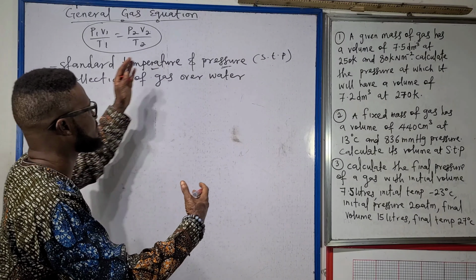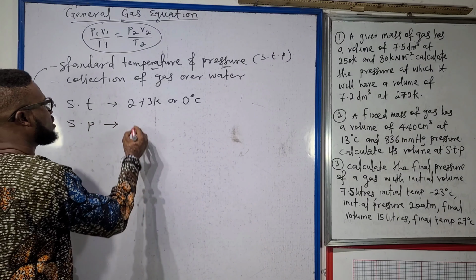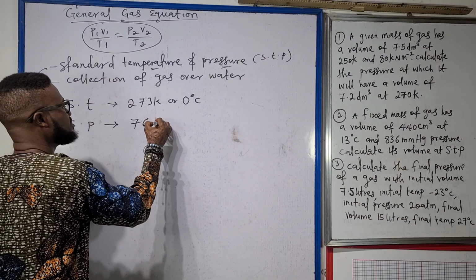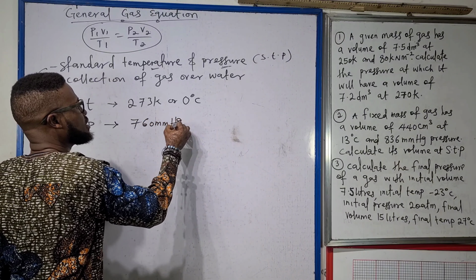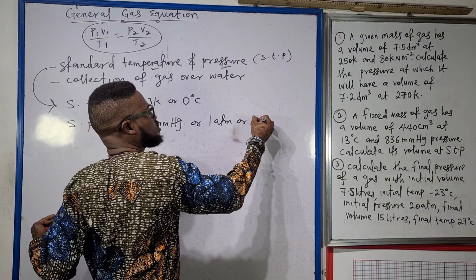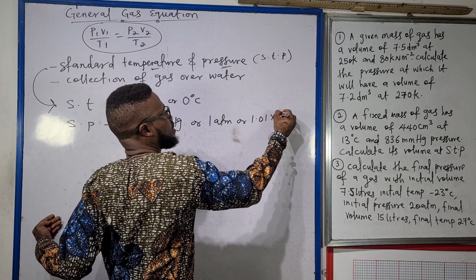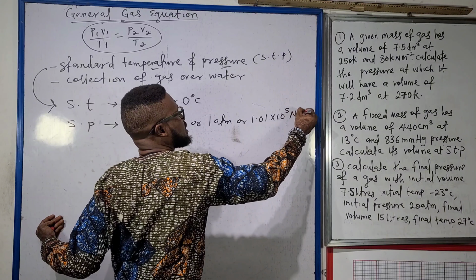Standard temperature is 273 Kelvin or 0 degrees Celsius, and standard pressure is 760 millimeters of mercury, or 1 atmosphere, or 1.01 times 10 raised to the power 5 Newton per meter square.